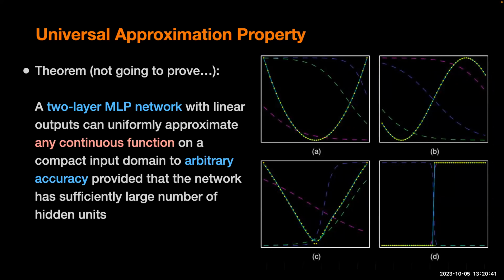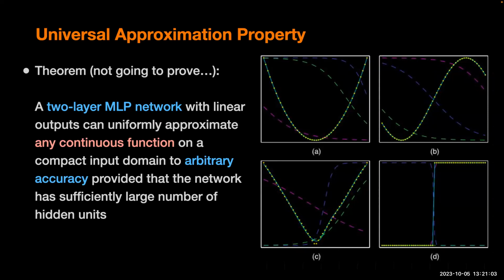To prove this is actually not too hard, but it requires some notation that we have not learned in this classroom. For example, how do you define a continuous function? A digression for people who have taken math courses: if you take real analysis, then you have quite a lot of theorems in this flavor.